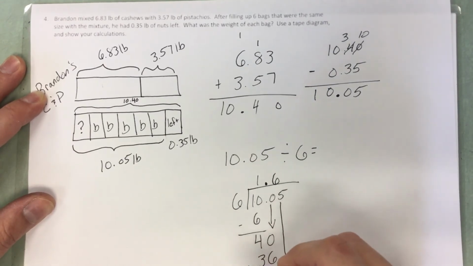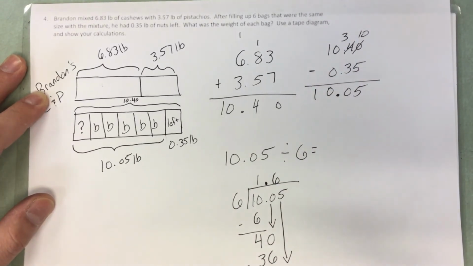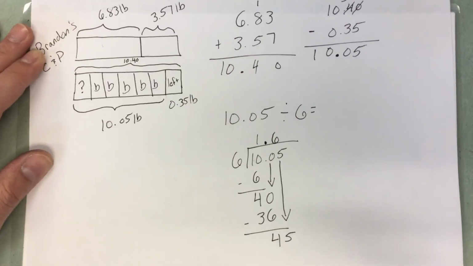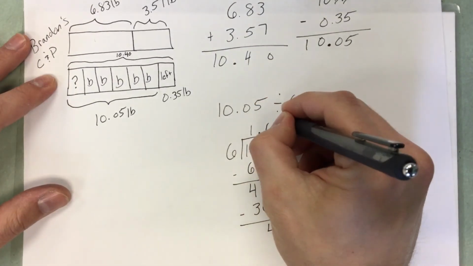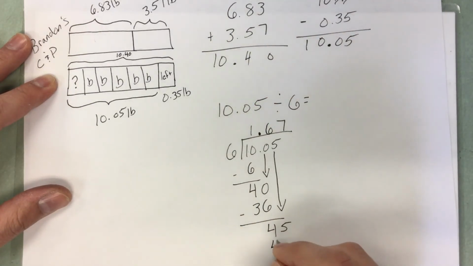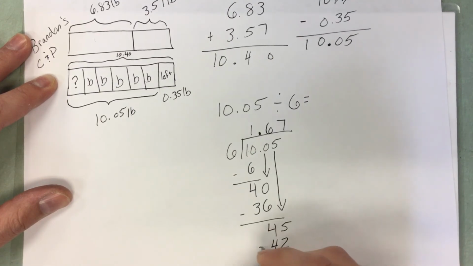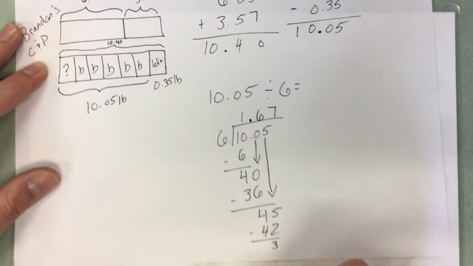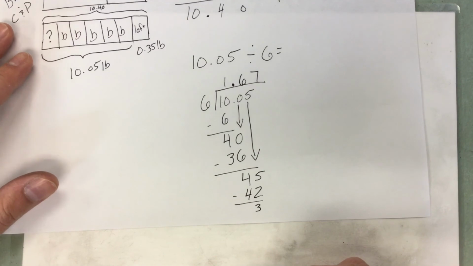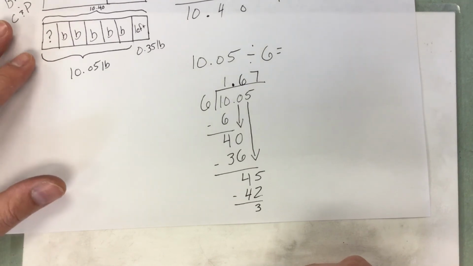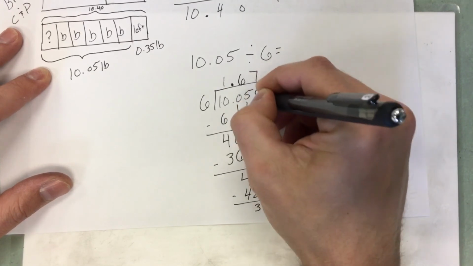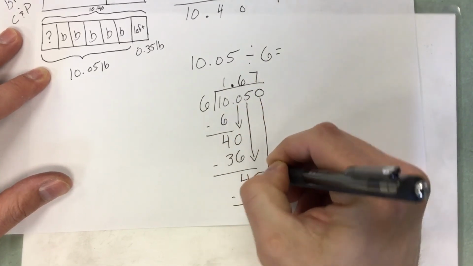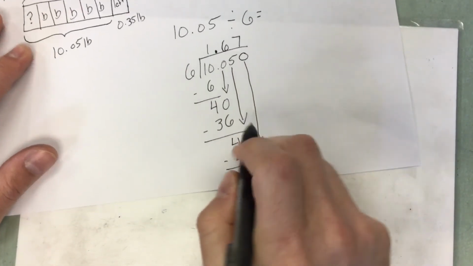I'm going to drop my 5. 45 divided by 6. That would be 7, which is 42. Now, in 4th grade, we would say 1 and 67 hundredths, remainder 3, but I know I can add a 0 here and drop it and continue.